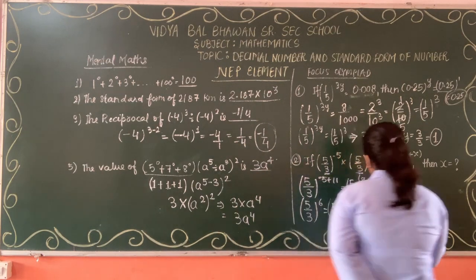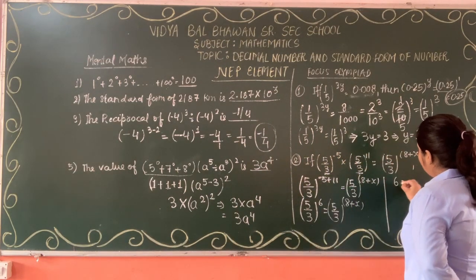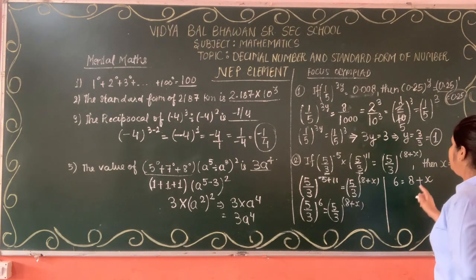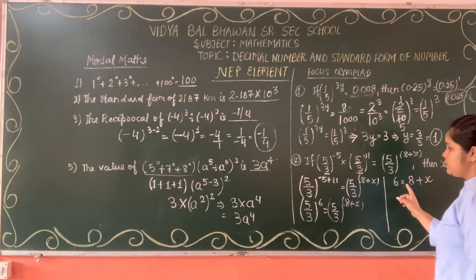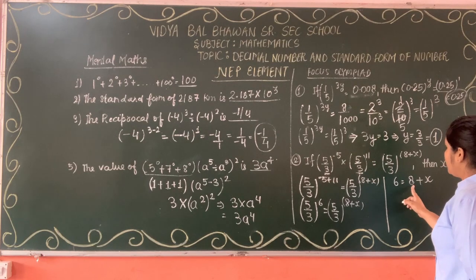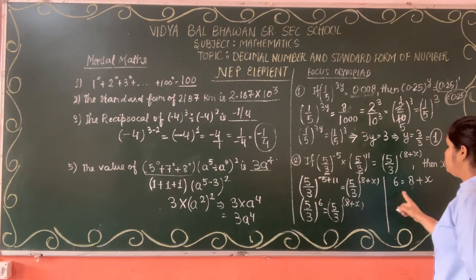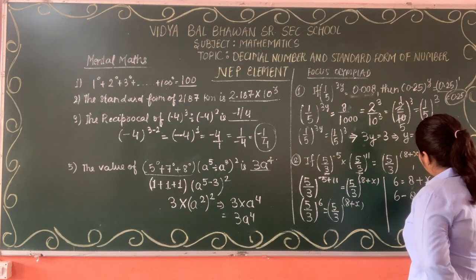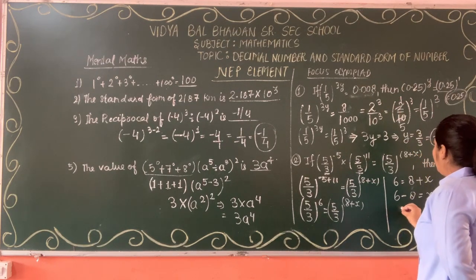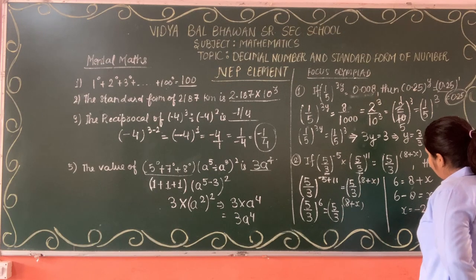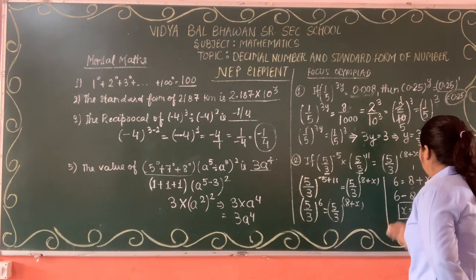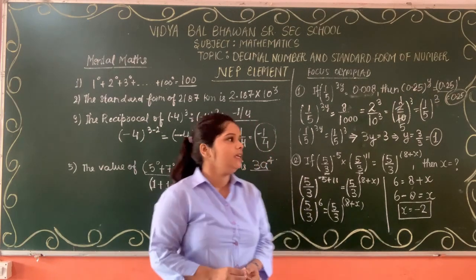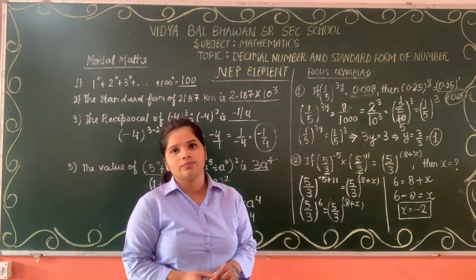So equate the powers: 6 equals 8 plus x. When you shift this constant number to the other side, it will be 6 minus 8 is equal to x. Value of x will be minus 2. You need to find the value of x only. Value of x will be minus 2.